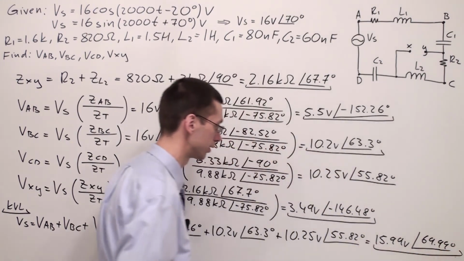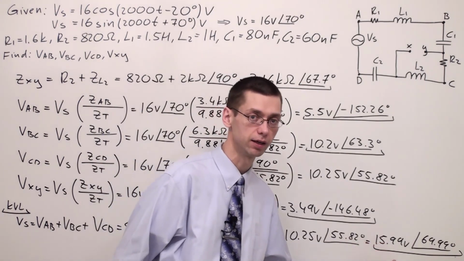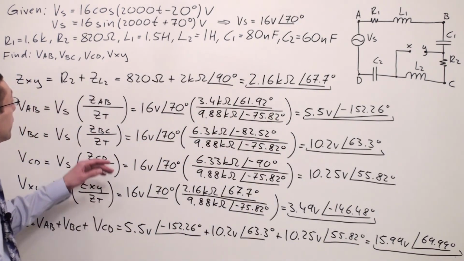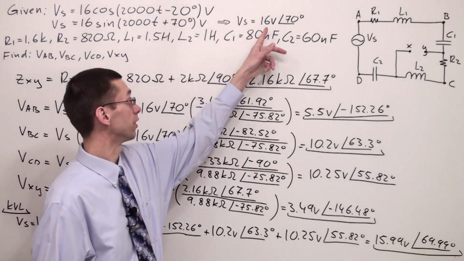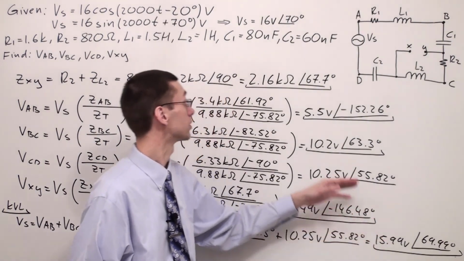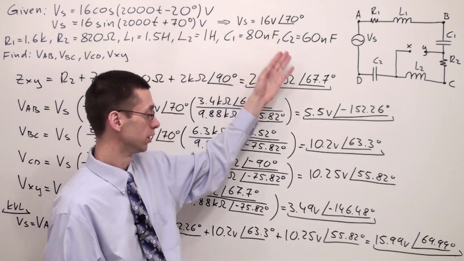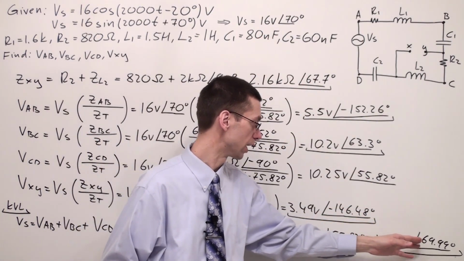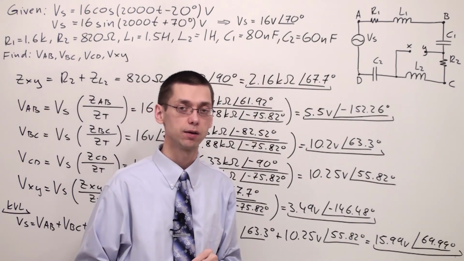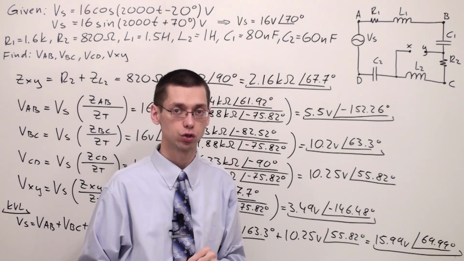So please notice that the values which I obtain are extremely close to the voltage source value which was given at the beginning. Because 15.99, we can say this is approximately 16, and 69.99 is approximately 70. So we can say that the problem is solved correctly.